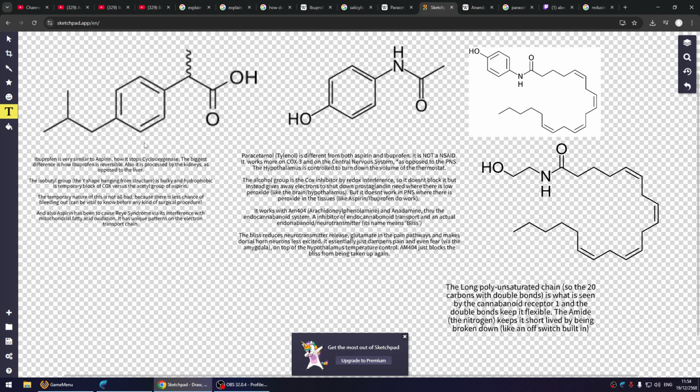And also, aspirin has been known to cause Reye syndrome via its interference with mitochondrial fatty acid oxidation, because aspirin has a unique pattern on the electron transport chain, and that's about it for here.